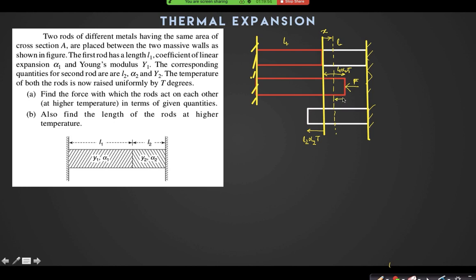This much is L1 alpha 1 T minus x. And the same force is acting on this surface also. This force has changed the length by this much, L2 alpha 2 T plus x.